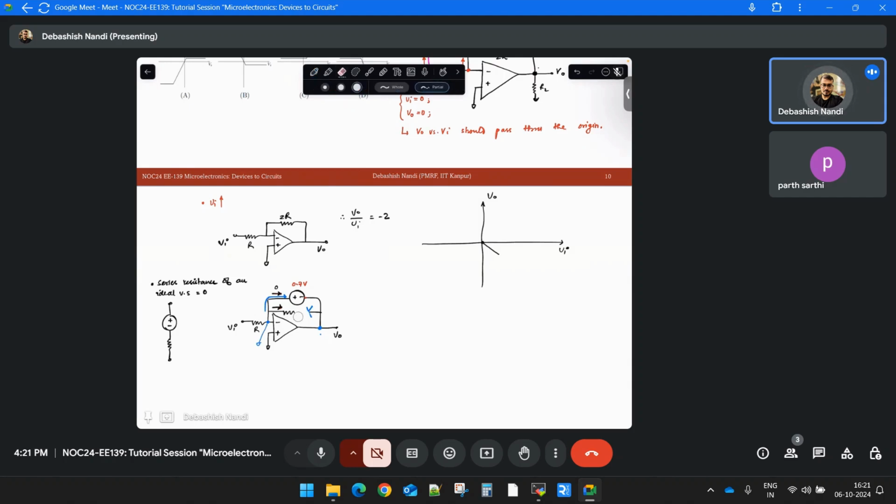So let me simplify the circuit for you. This connection is now a resistance.